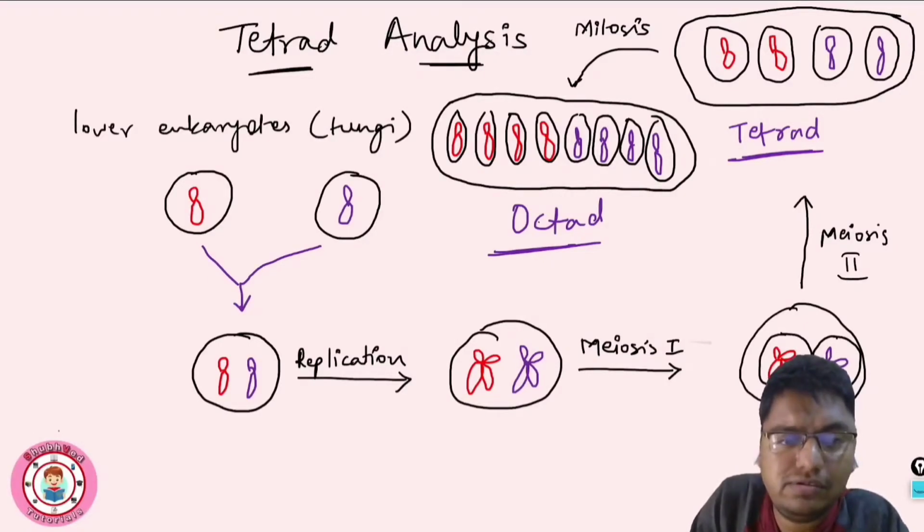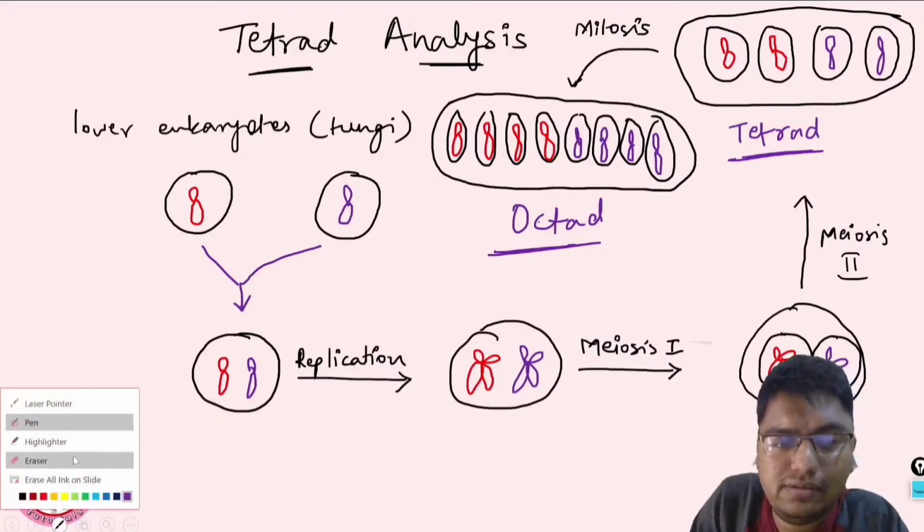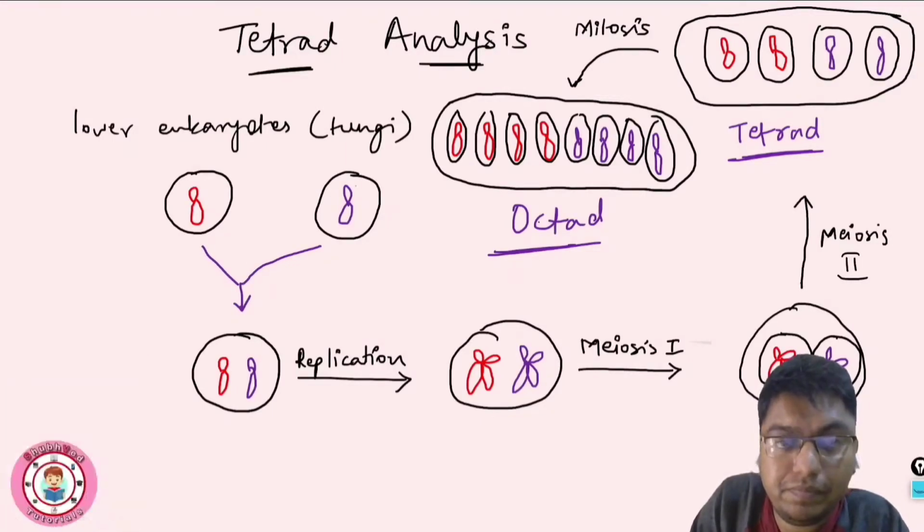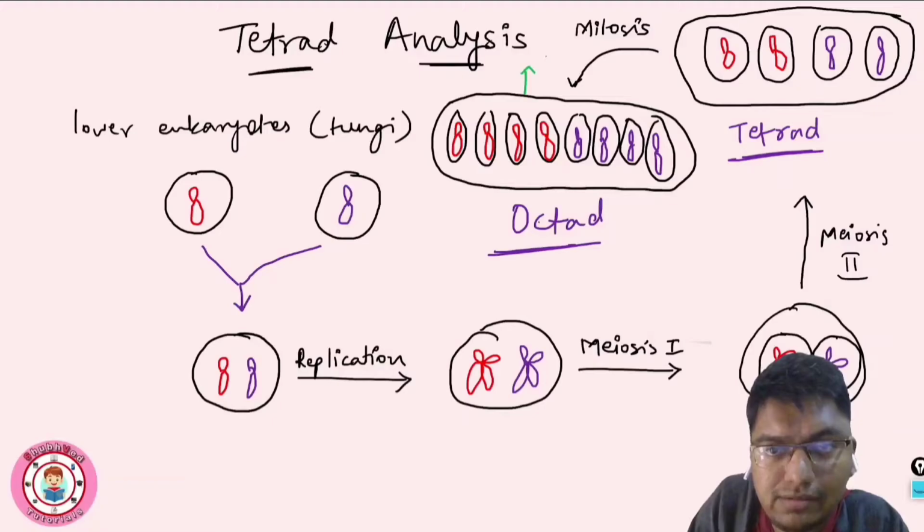Now I will tell you that the outer sac in which all these gametes are enclosed is known as ascus, the outer sac.